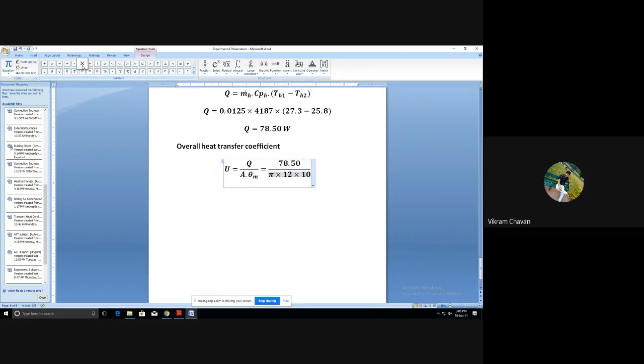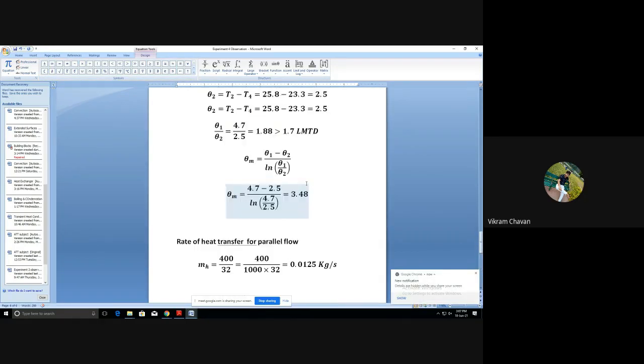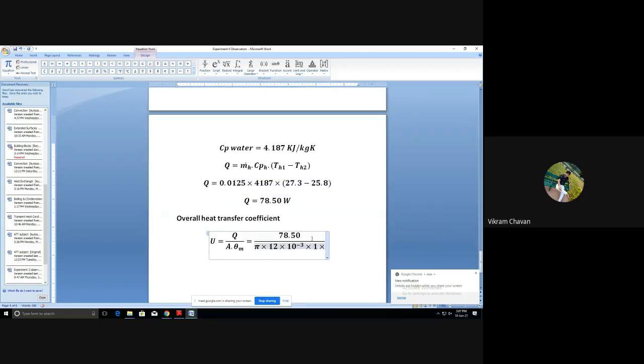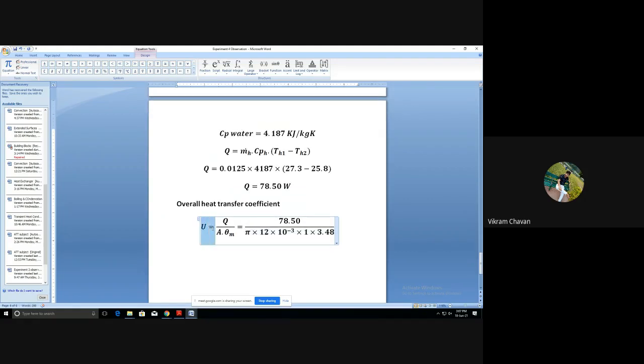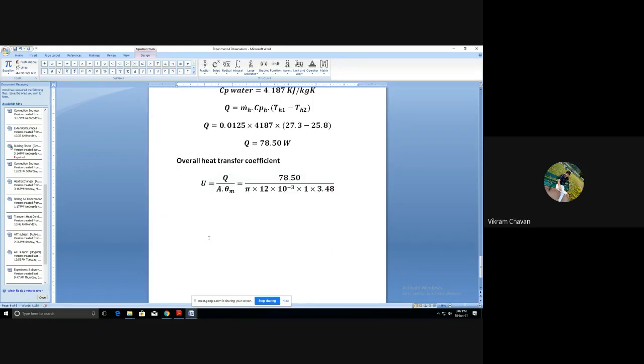Multiplied by 10 to the power minus 3, multiply by 1. And theta m, how much have you calculated? Theta m is 3.48. Do the calculation and let me know the U value, the overall heat transfer coefficient for parallel flow.